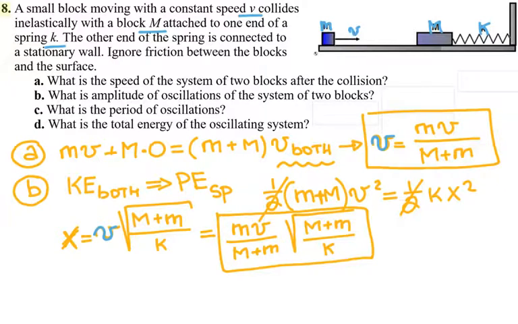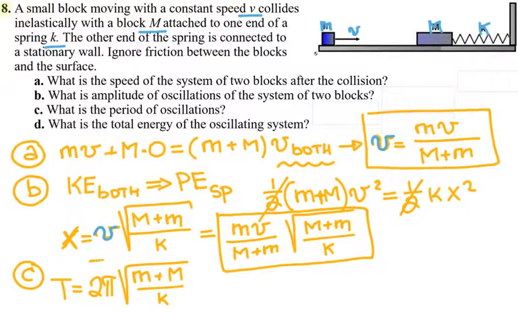For the next question, they ask you to find the period of oscillation. The period of oscillation is equal to 2 pi square root of their masses over k, but the masses are together, so I have m plus m, and k is given, so that's going to be the period of the oscillation.